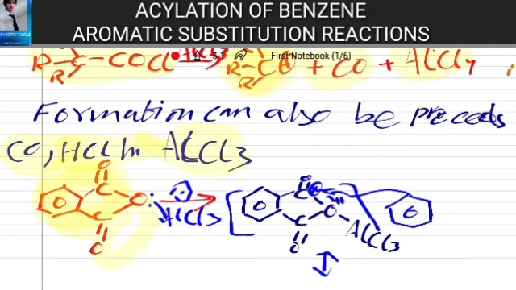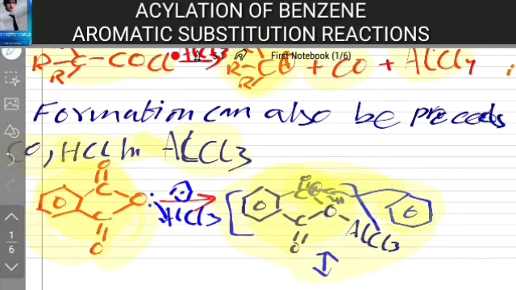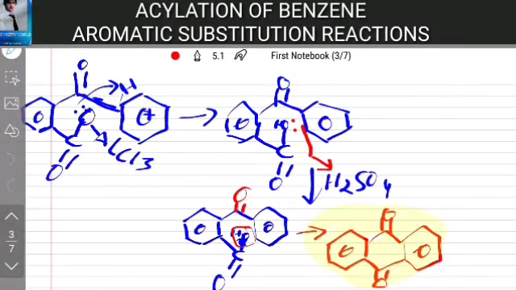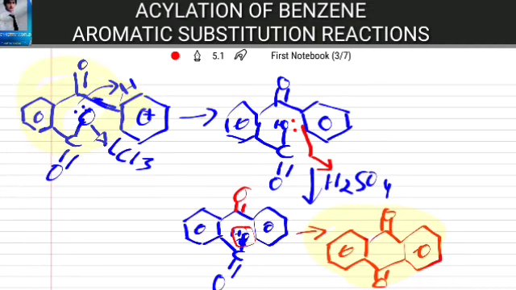For that purpose, we need this type of compound which reacts with AlCl3 in this way. It is the mechanism between these. It will destabilize this compound, and the positive sign occurs on C. Here the aromatic ring attacks on this carbon, and we can get this structure.